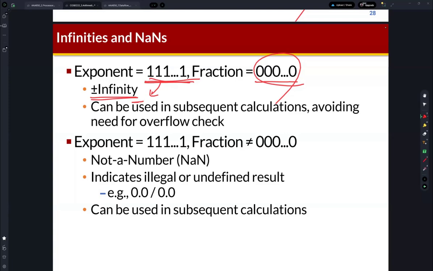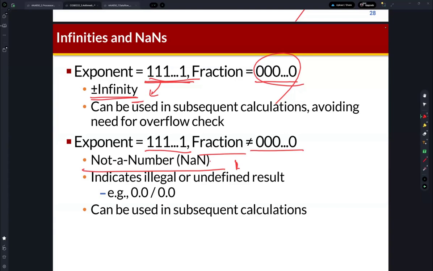And then if the exponent bits are all ones but the fraction part is not 0, then it represents not a number. It's called NaN. You can sometimes observe not a number in Excel. If we cannot represent a result with numbers, it's a kind of error.